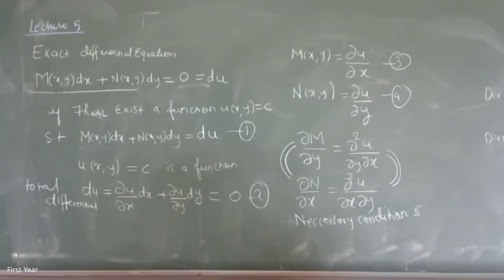Comparing 1 and 2, M(x,y) is equal to ∂u/∂x, and N(x,y) is equal to ∂u/∂y.